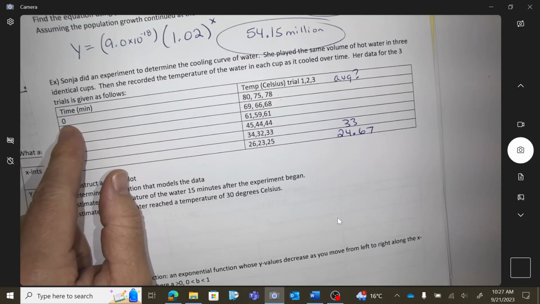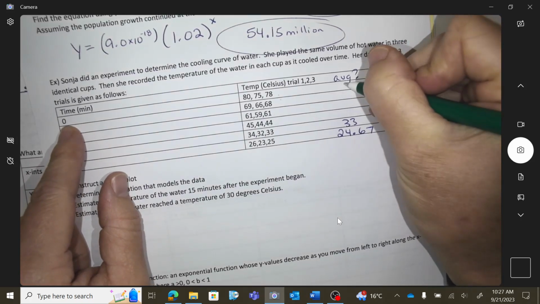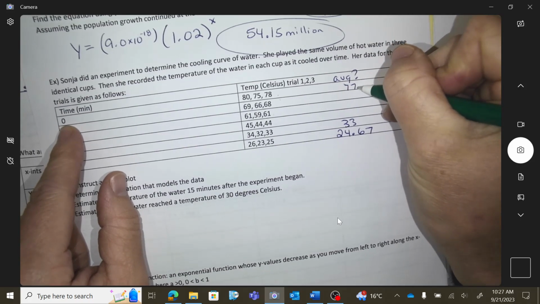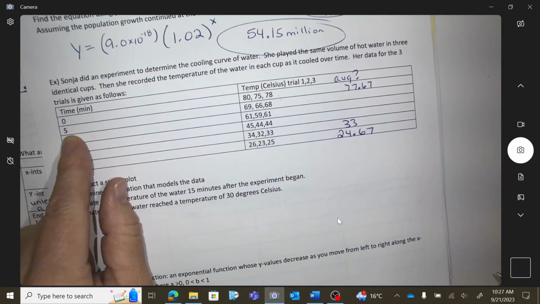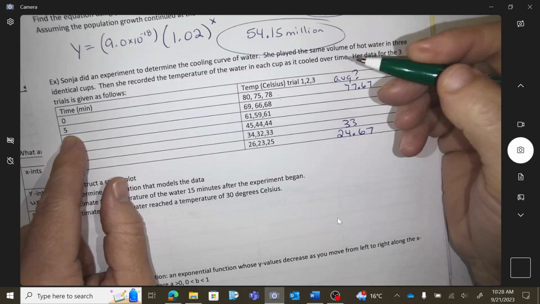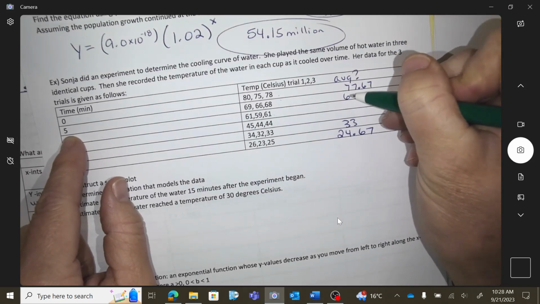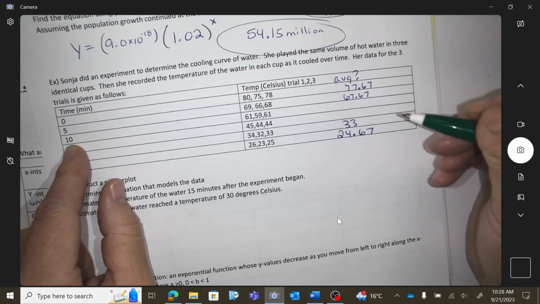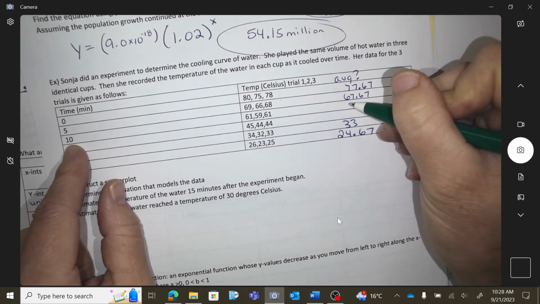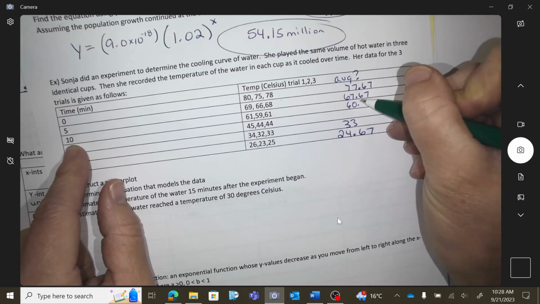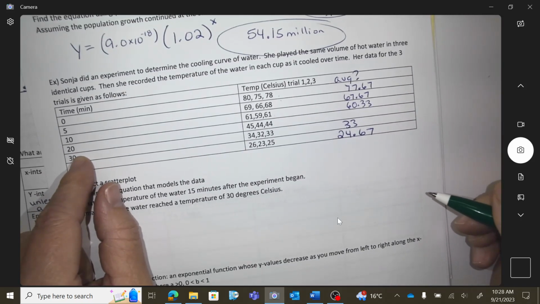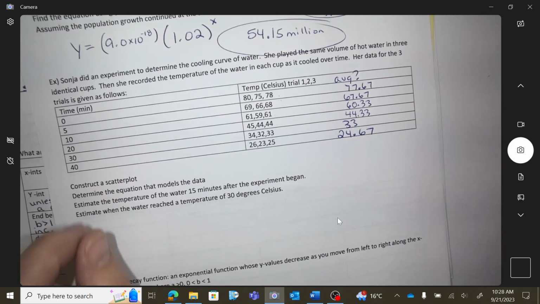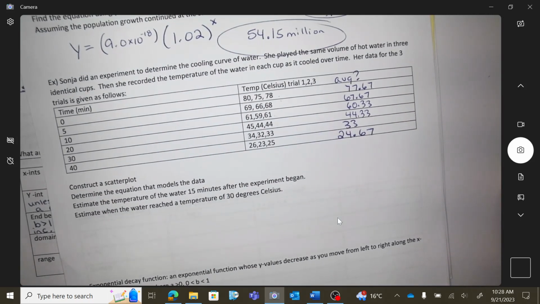Anybody for the 0 time? 77.6. Anybody have a 5-minute marker? 10 minutes? 60.33. And the 20-minute? 0.33? Okay.